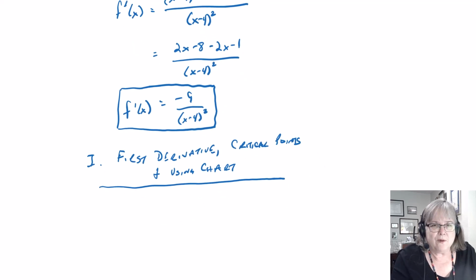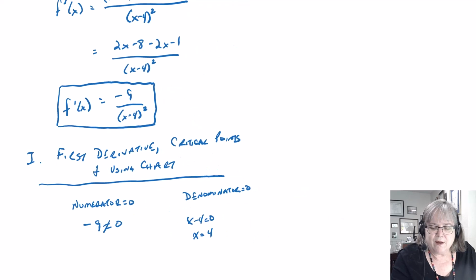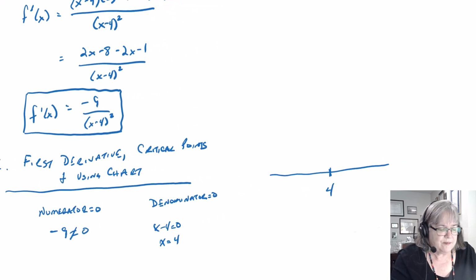So what we're looking for is where the numerator is equal to 0 and where the denominator is equal to 0, because that's where it's undefined. All right, well, -9 can't be 0, so that's out for a possibility. And x minus 4 could be 0 and x is 4. So my little sign chart's going to only have a 4 right there.